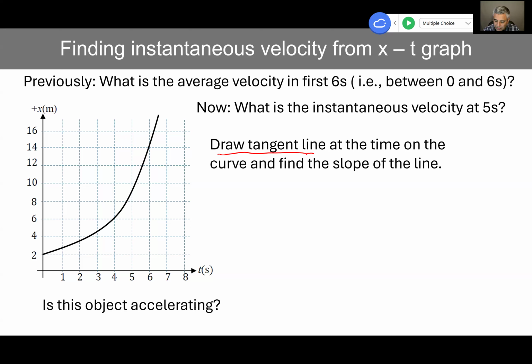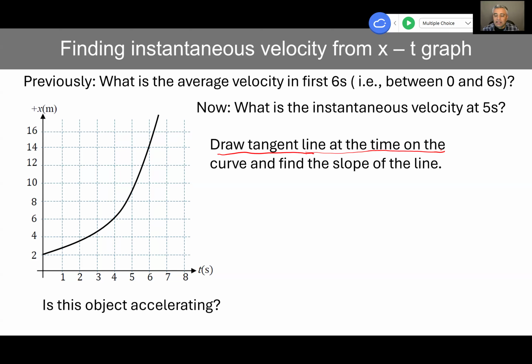See, I have written that down. So since it is instantaneous, you will be given just one time, not two times. For average, you will be given two times. For example, first 6 seconds. It did not say at 6 seconds, rather it said first 6 seconds. That means it's starting from 0 to 6 seconds.